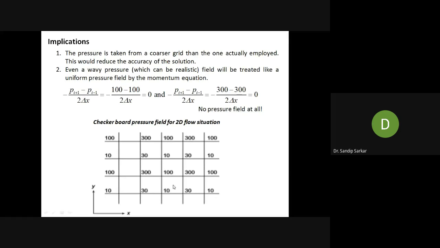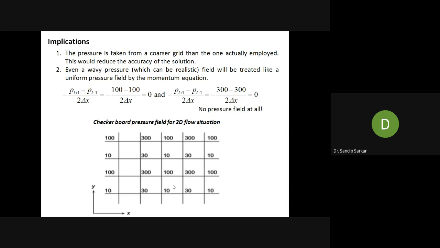So in general, in a two-dimensional situation, you may come across this kind of checkerboard pressure field for a 2D flow. When you come across this type of checkerboard pressure field, then again you will end up with a similar kind of problem.